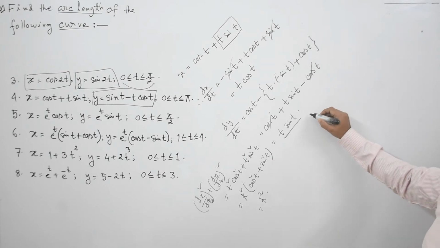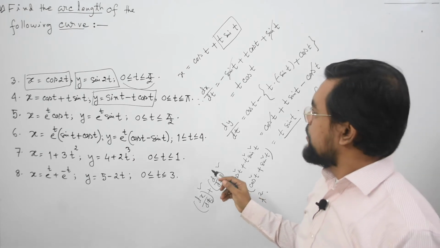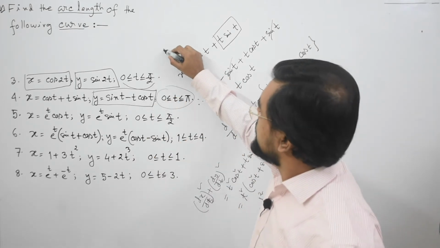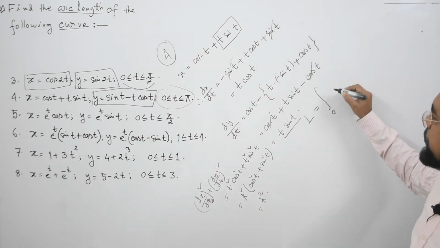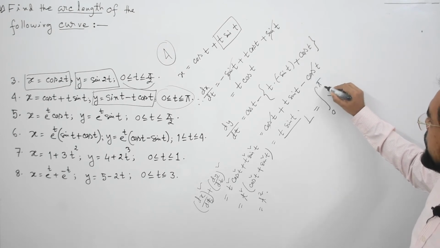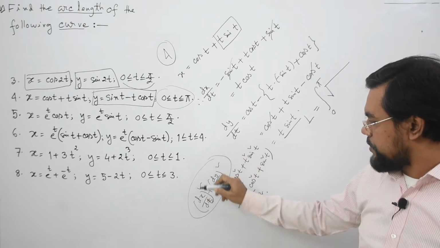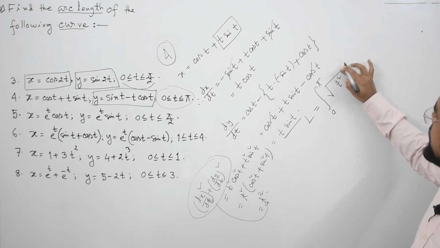So the arc length formula L, with t from 0 to pi, is the integral from 0 to pi of the square root of t square, dt.